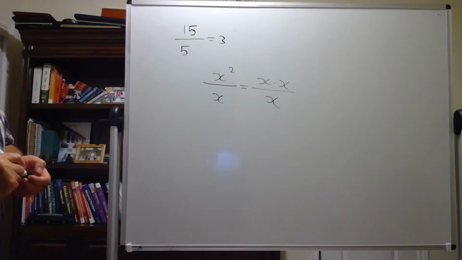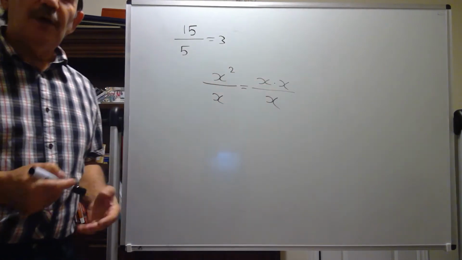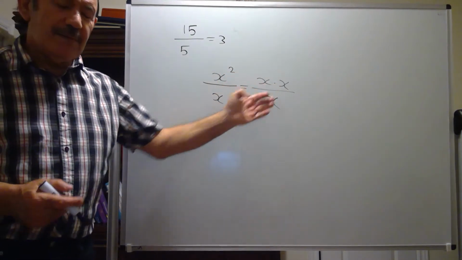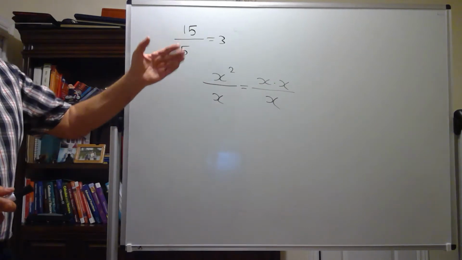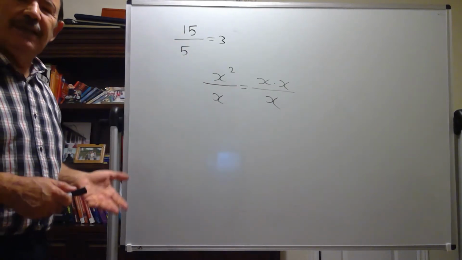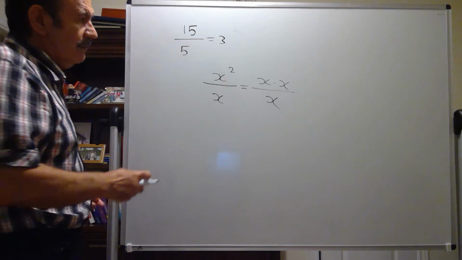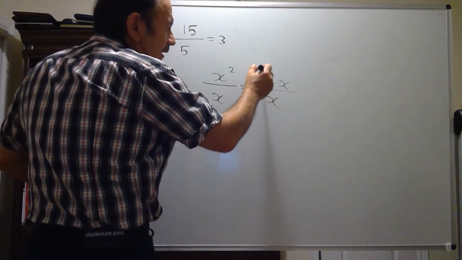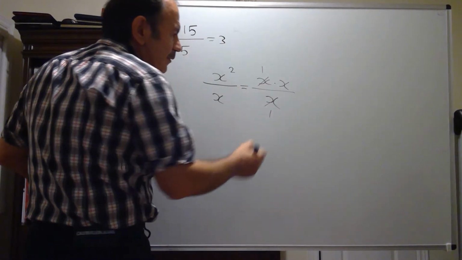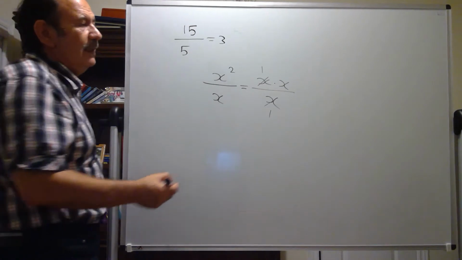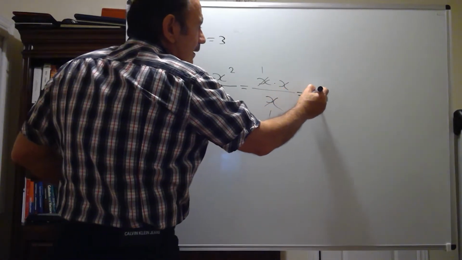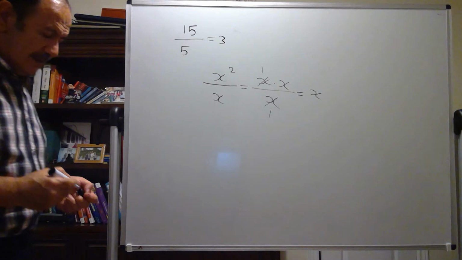Now, because all the terms are multiplied by each other, I can reduce any number at the top with any number at the bottom, or any variable at the top with any variable at the bottom. x divided by x is 1 at the top, and x is at the bottom. Then it's going to be x over 1, or x.